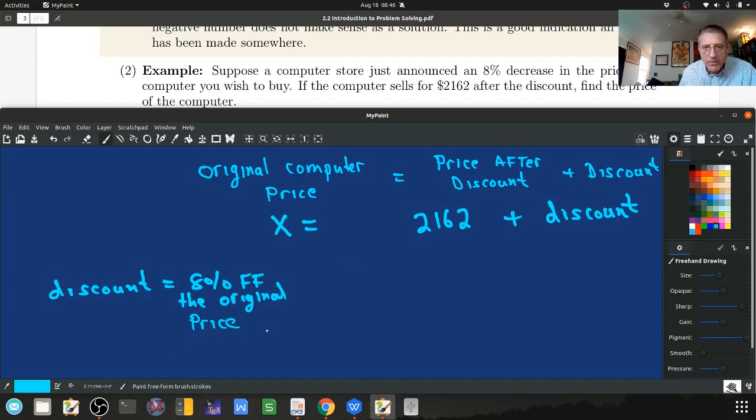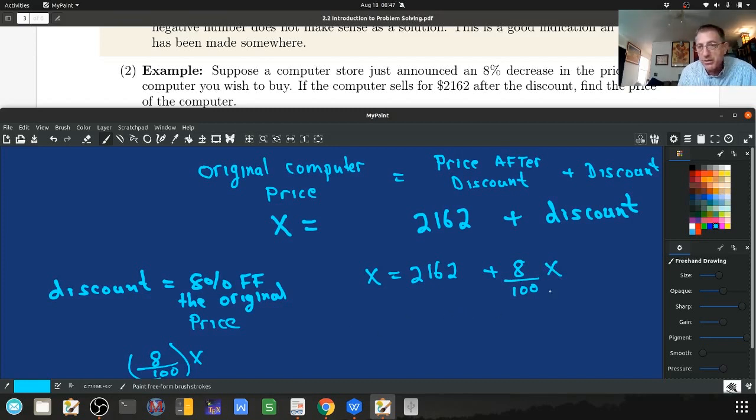So 8% off the original price is 8 over 100 times x. So we have a formula: x is equal to $2,162 plus 8 over 100 times x. 8% is 8 per 100 times the original price, which is the discount. So here I have my equation.